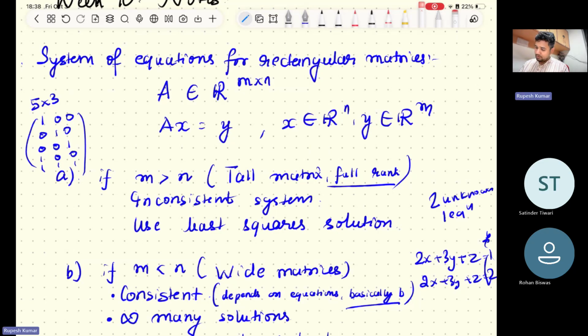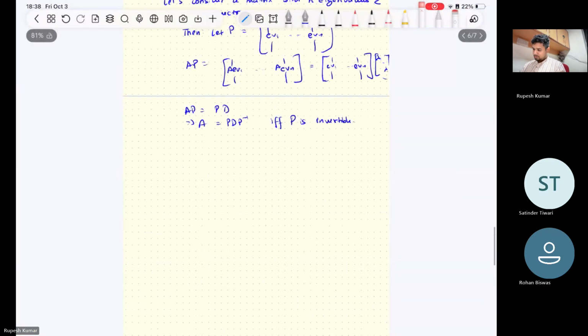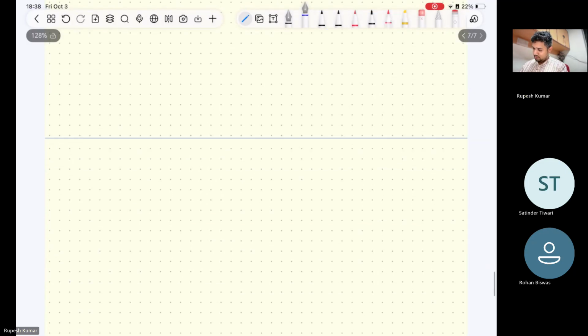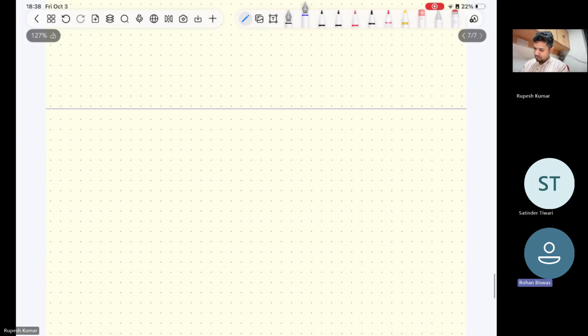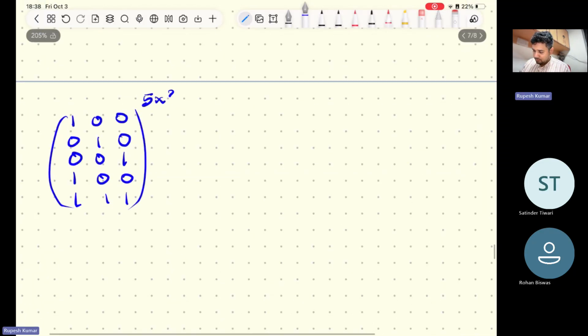Let's figure out. Let's look into this. So actually, you took the exact example which I was thinking. So first the 1, 1 0 and maybe all the combinations. Let's say we have this 5 cross 3 system, and we want to solve for this.